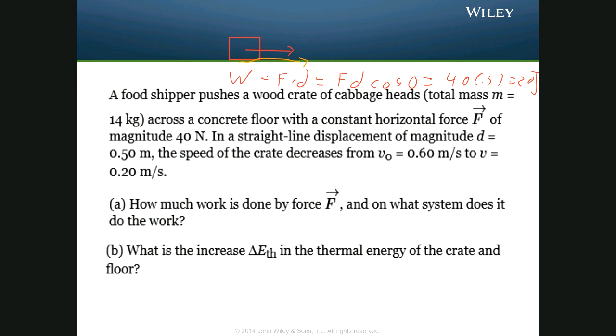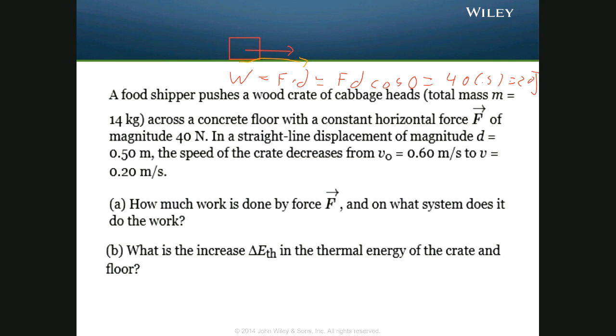And if there's friction between the floor and the crate, which there is, there's going to be a change in thermal energy. So the system on which the work is done is the crate-floor system, because both energy changes occur in that system. All right, so we want to be able to identify this crate-floor system.